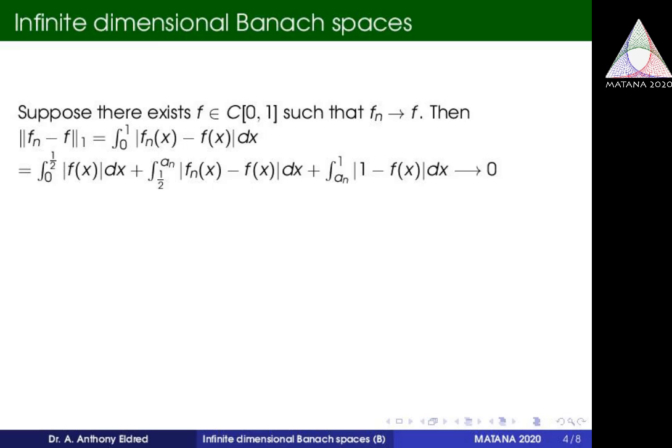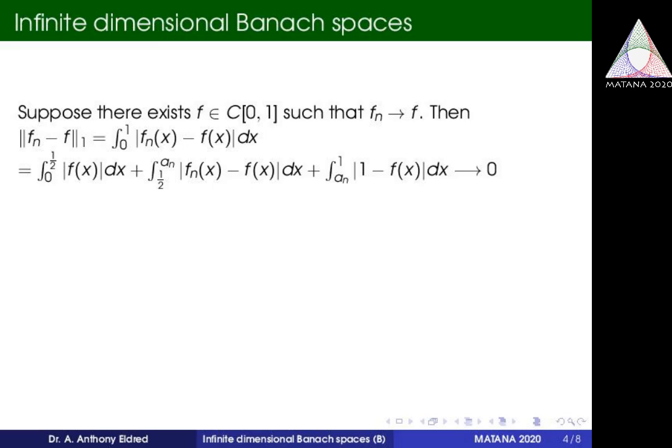And since f of x is a continuous function, all these integrands should be 0 in the respective intervals of integration.